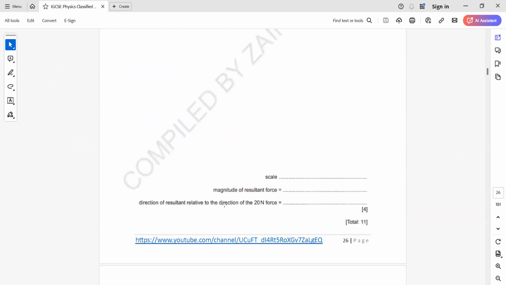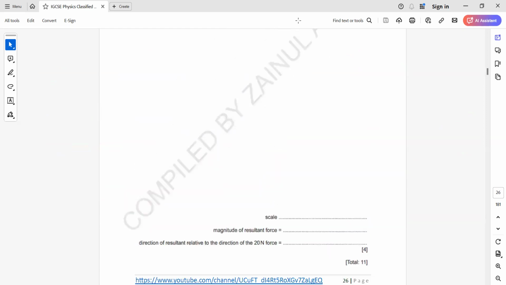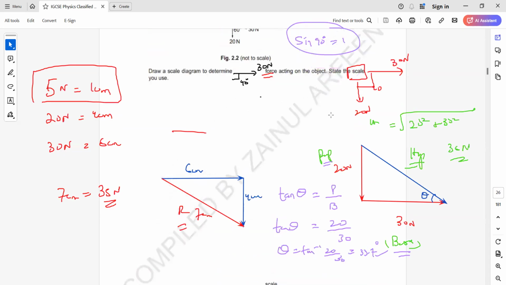Look, in this question, they ask for the direction of the resultant relative to the 20 Newton. As we scroll down, we need this angle because it is relative to the 20. With reference to this angle, this will be our base, here is the hypotenuse and this will be the perpendicular. With reference to the 20, it will be perpendicular divided by base, so 30 divided by 20, and theta equals tan inverse of 30 divided by 20. You will get the answer.